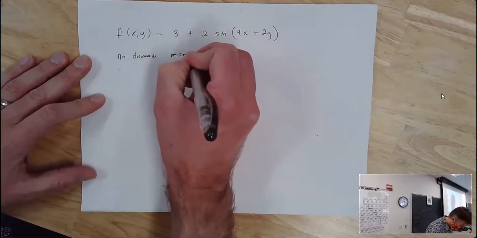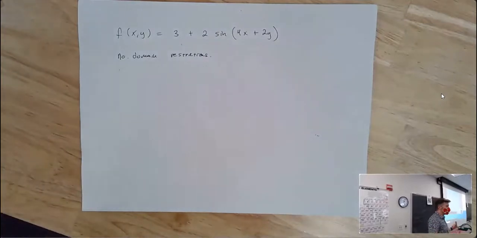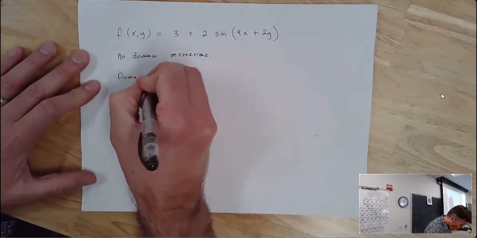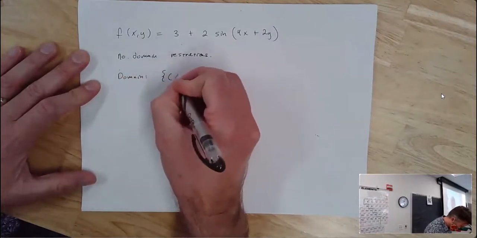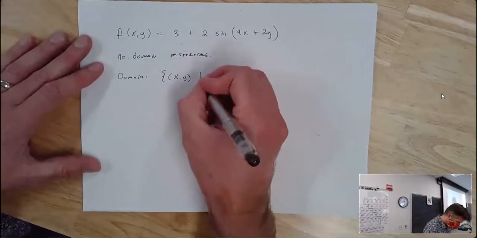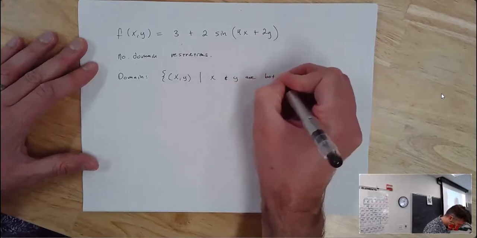Okay, so this is where you have to be careful, though. You don't get to say that the domain is negative infinity to infinity. Because it's not the real number line, it's the entire real number plane. So the domain here is the set of all points x comma y, such that x and y are both real numbers.